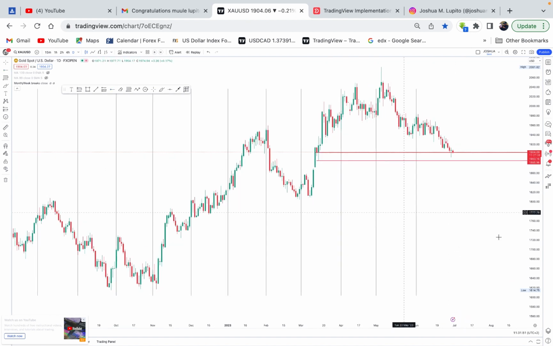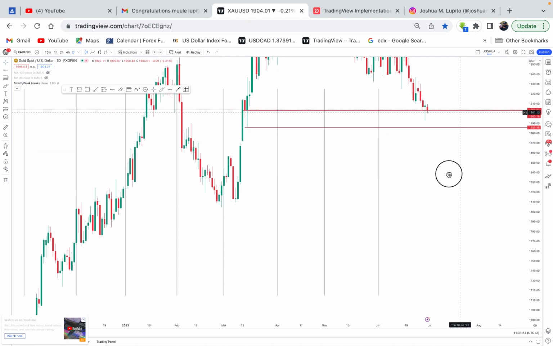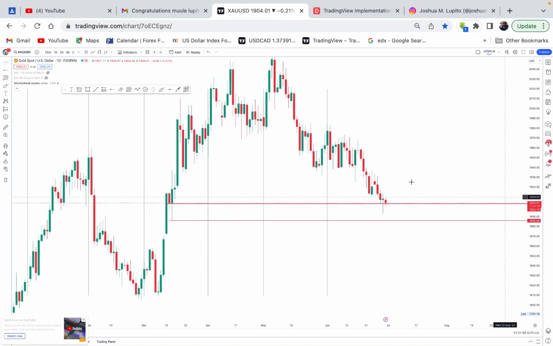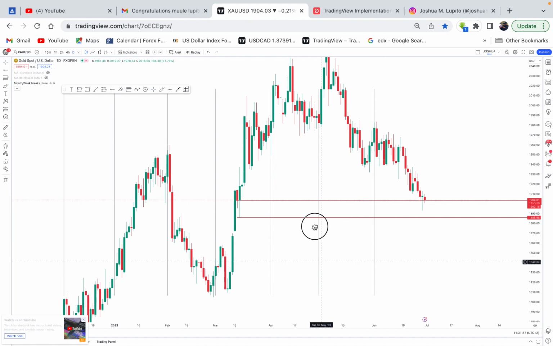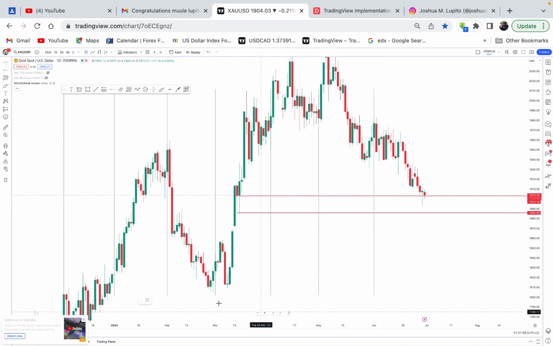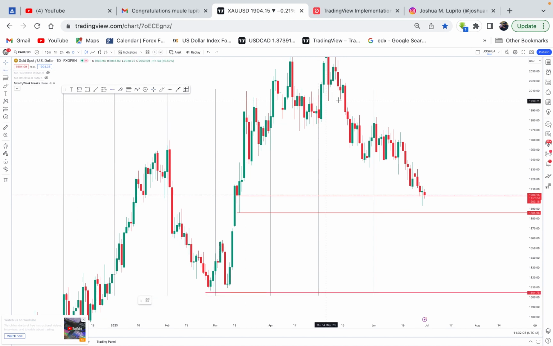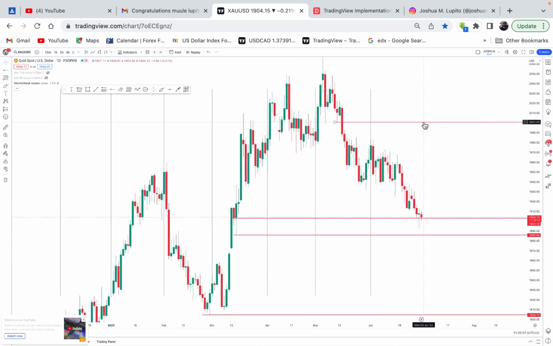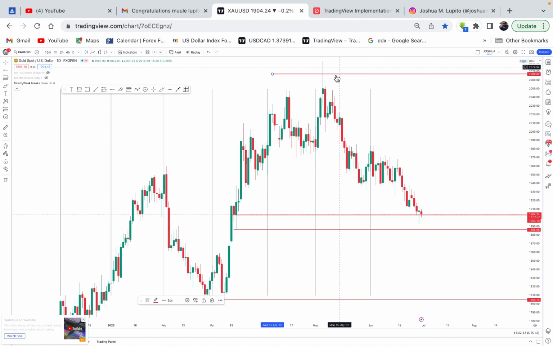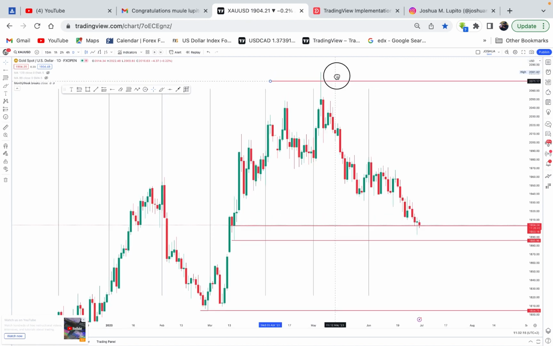If we mark up that point, this creates an area of support. So we have our daily low, this is our major daily low, and we can see gold stayed coming down after touching it.